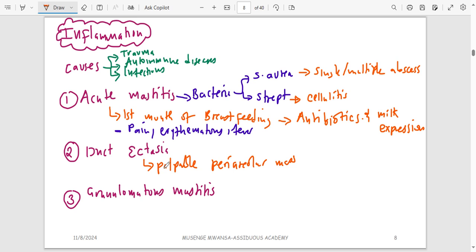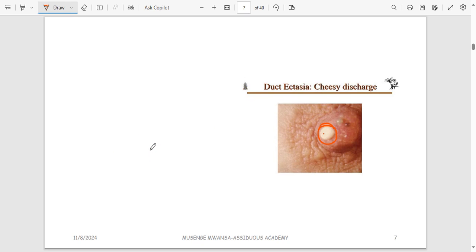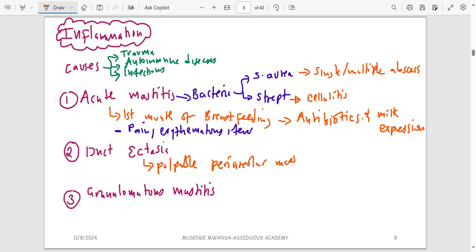Okay, and what you are going to see is that the nipple, sometimes there can be nipple invasion, and that can appear as though it's cancer because the nipple has been invaded. As you saw, look at how it is. It is periareolar. If it invades the nipple, it mimics cancer.